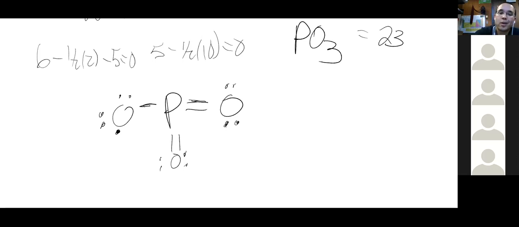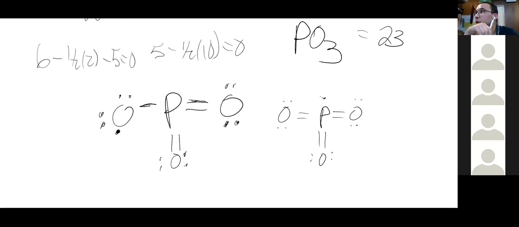Now, did anyone come up with a different Lewis structure? These take a long time for me. Is it just something you have to practice?